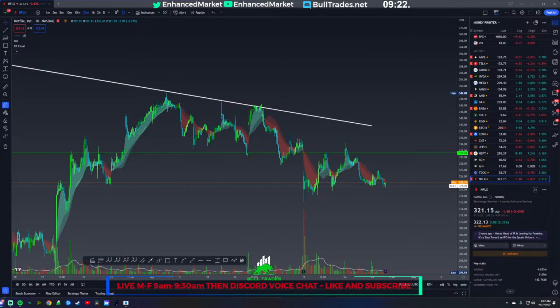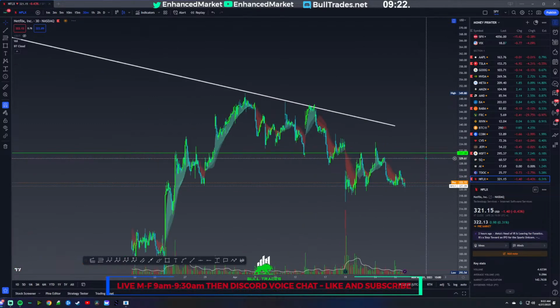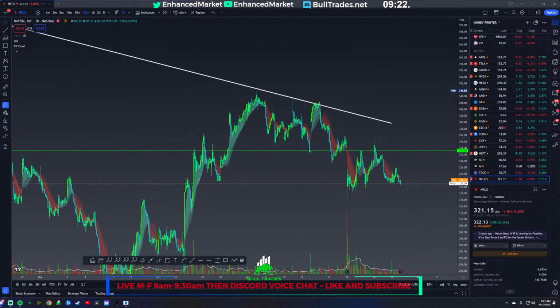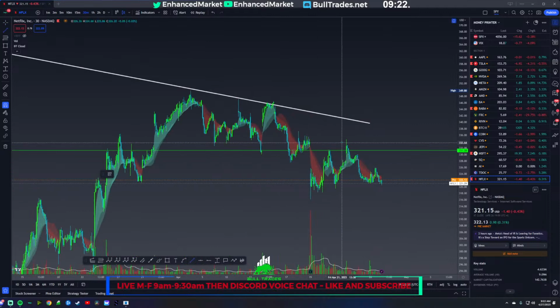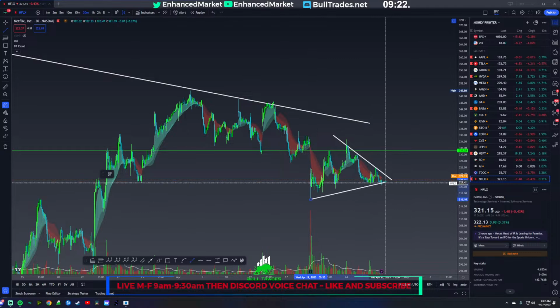Okay, so he took it on the 500 challenge. Netflix 330 call. Up here. So let's see. I'm assuming he was looking at this wedge.